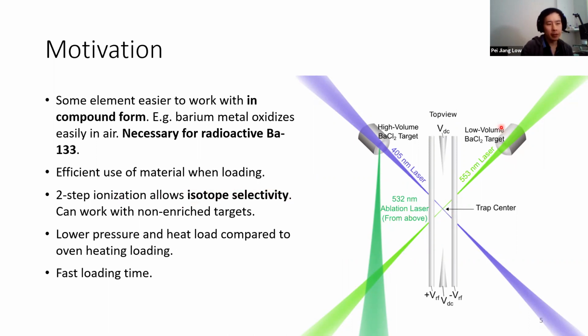So by tuning the frequency of the first excitation laser, we can selectively ionize the isotope we want to trap. With this, we can work with non-enriched targets, which makes life easier, and you can just put a lot of material on your target.